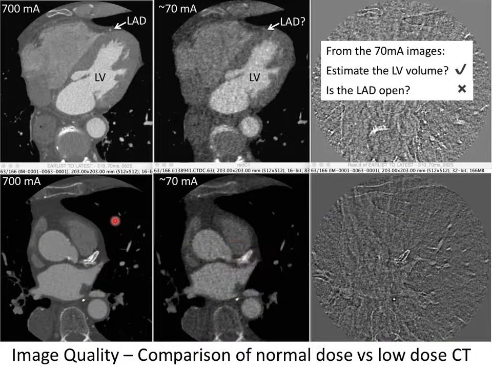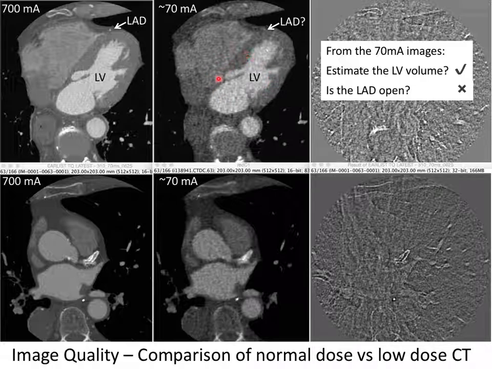So if we're looking at what do we do with these pictures, the image quality in this picture is probably sufficient to answer the question, what's the volume of blood in the left ventricle? Right? You're probably going to get a reasonably good estimate for that. If, on the other hand, your job is to determine, is there signal in the left anterior descending coronary artery at this location, and is that signal bright, then this image is not going to do that for you.